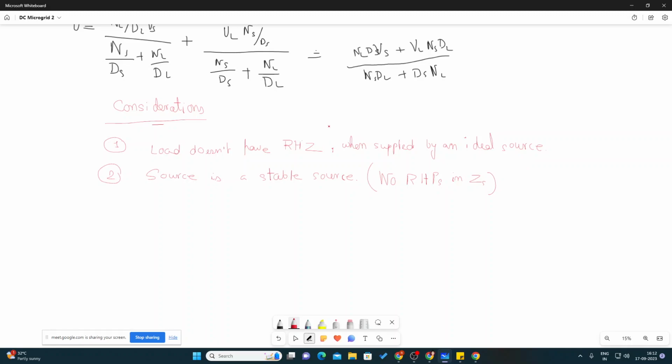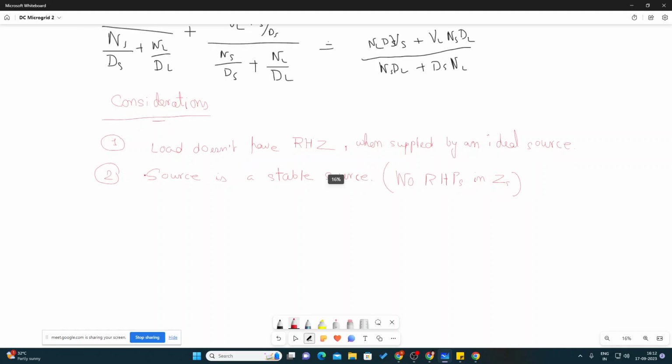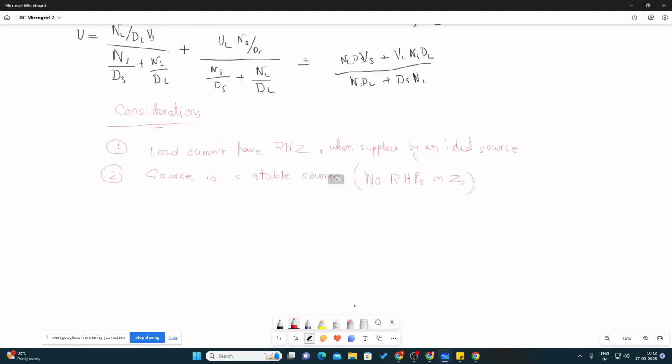So when does a load have a right half zero?